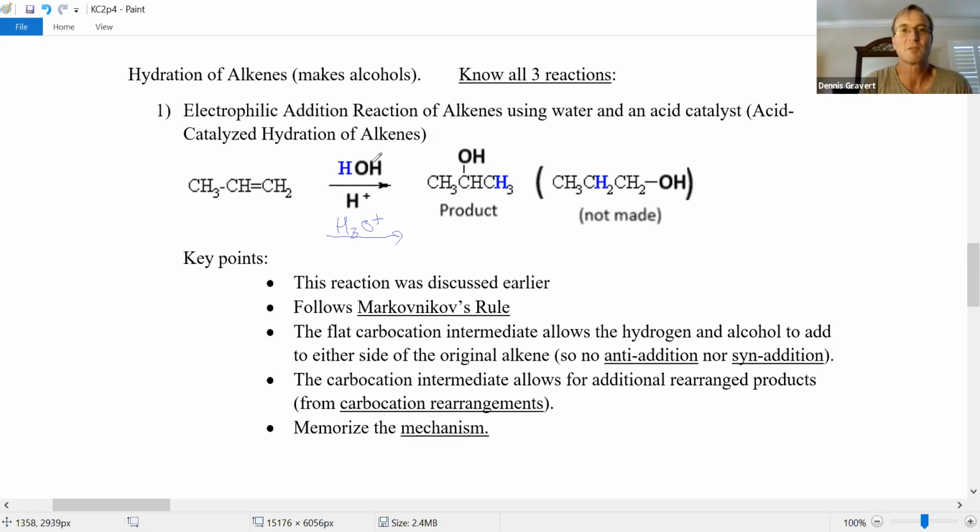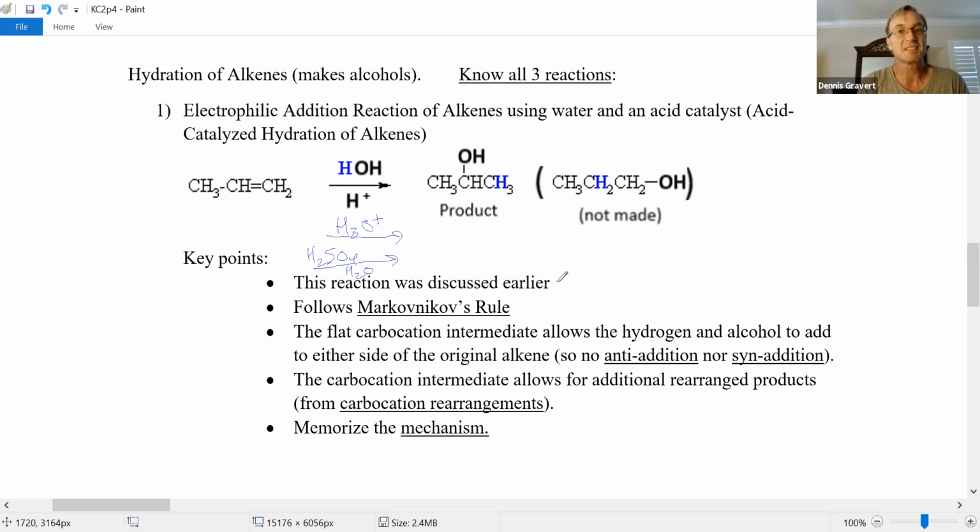That's a weird way of writing water, but there you go. You can also write the reagents as H2SO4 in a mixture with water. You can put the water on top, sulfuric acid on the bottom. So any variation of these three sets of reagents will transform an alkene into an alcohol.